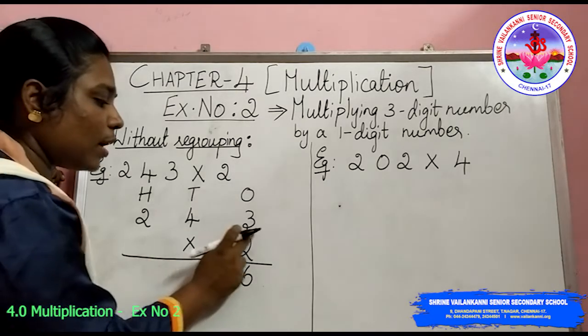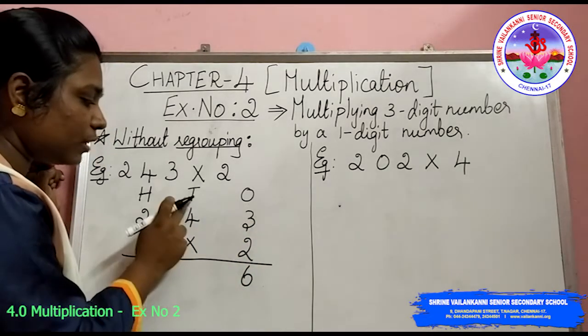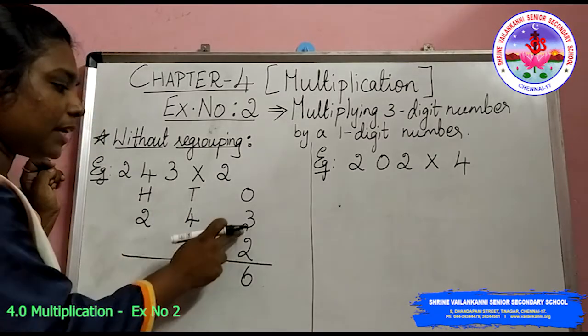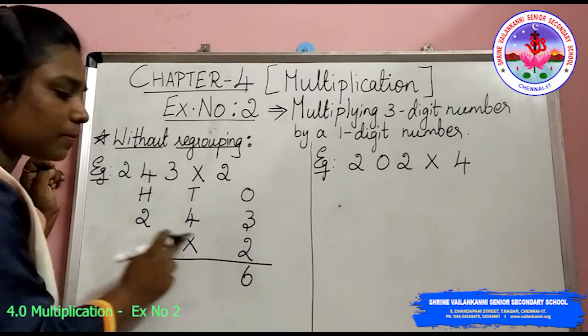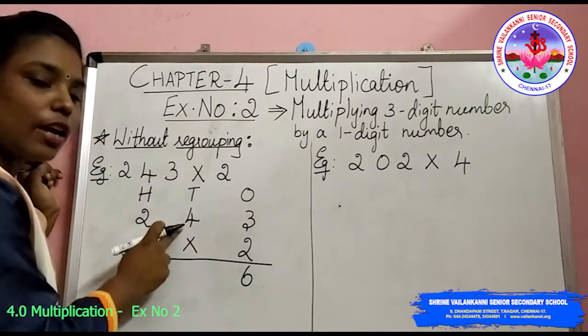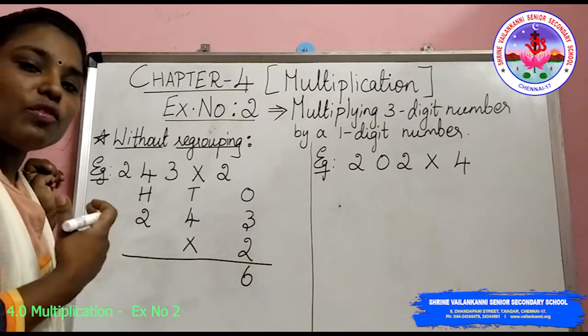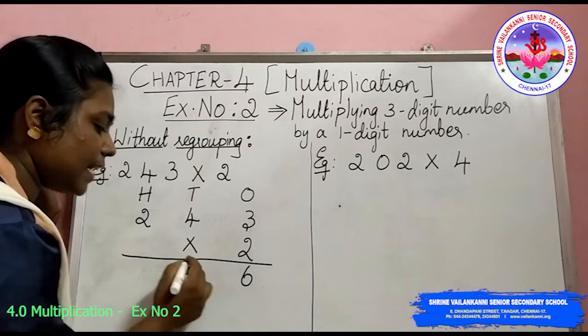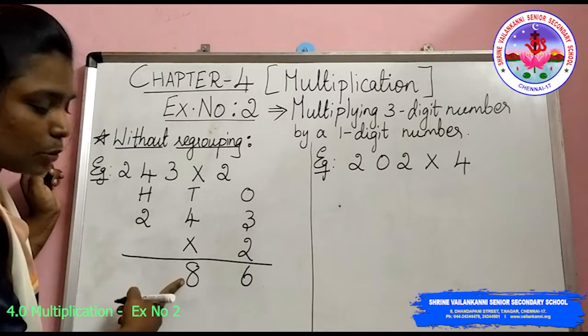The ones place value is over, then move to the tens place value. This 1 digit has to be multiplied with all the 3 places. 2 into 4, that is 2 4s are, what? 2 4s are 8. This 8 has to be written straight to the tens place value.